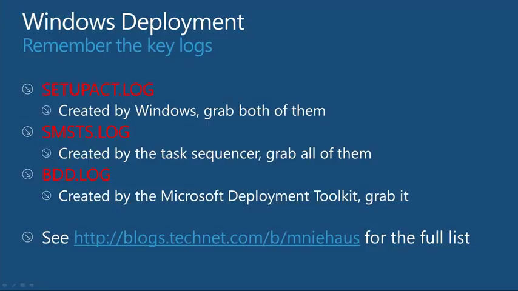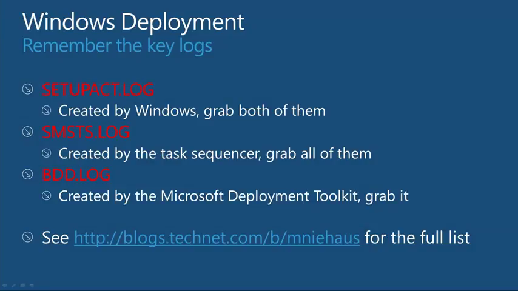The other thing to watch out for, SMSTS.log will only grow so large before the task sequencer renames it and creates a new one. So don't just grab SMSTS.log, grab anything that starts with SMSTS and ends with .log, because it'll create ones with a date timestamp in the file name. That would be the previous generation that would show earlier entries in the logging, in the deployment process.